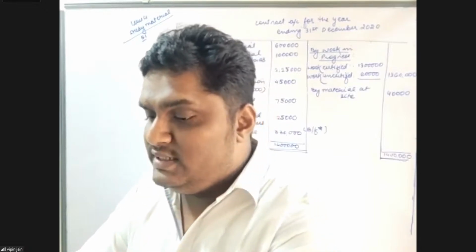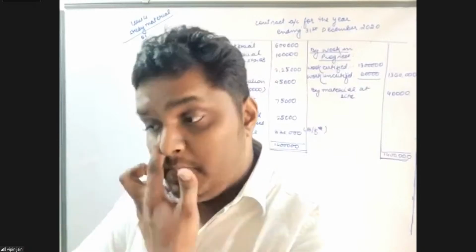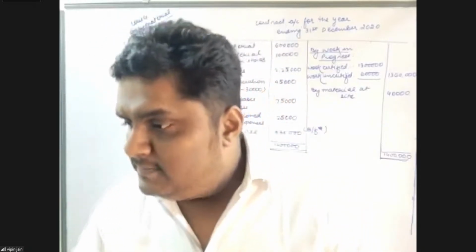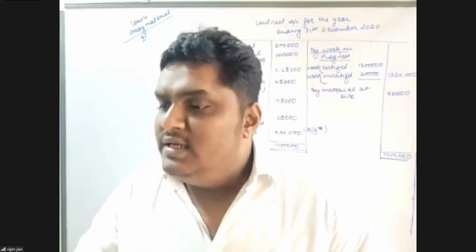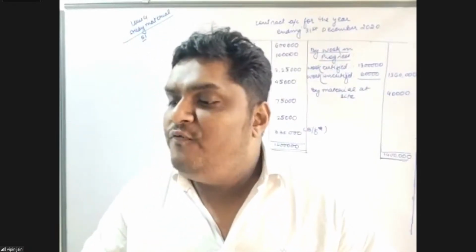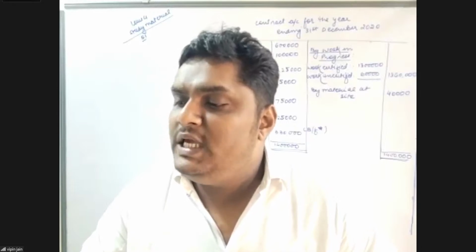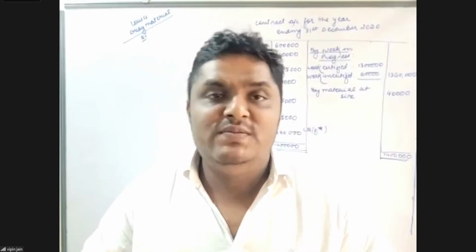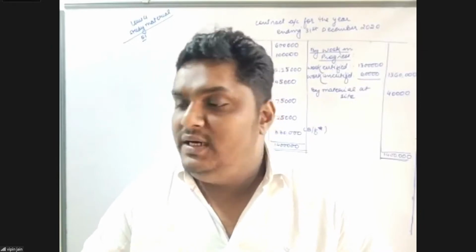Okay, Manisha, there is a query from Manisha. See, the value of work completed subsequent to the architect's certificate, but before 31st March, I'm referring to the language of the study material.